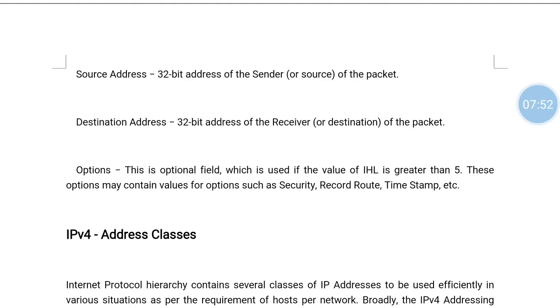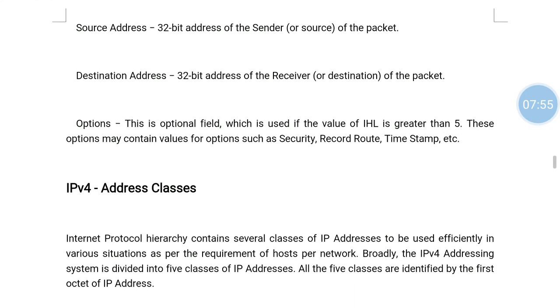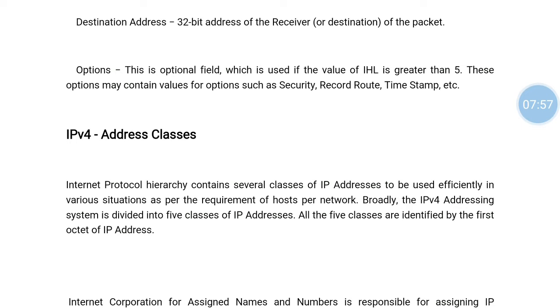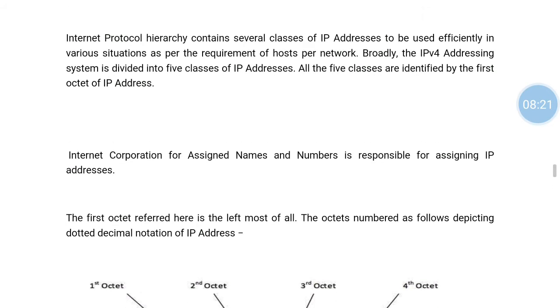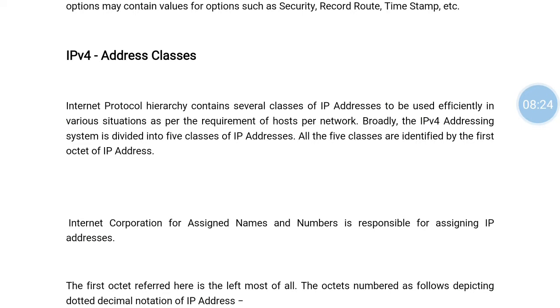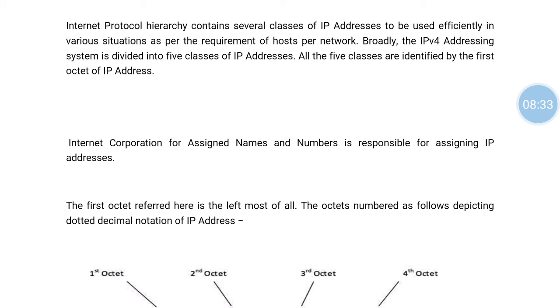Now we have IPv4 address classes. The internet protocol hierarchy contains several classes of IP addresses to be used efficiently in various situations as per the requirement of hosts per network. What are the classes? The Internet Corporation for Assigned Names and Numbers is responsible for IP addresses. IPv4 has 5 classes, which are identified by the first octet of the IP address.